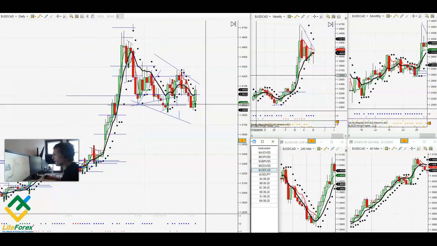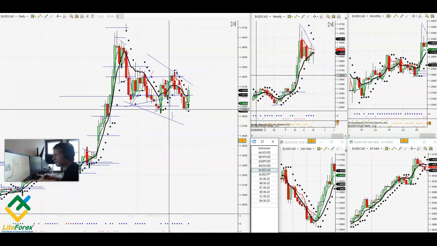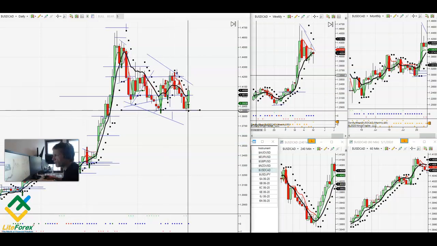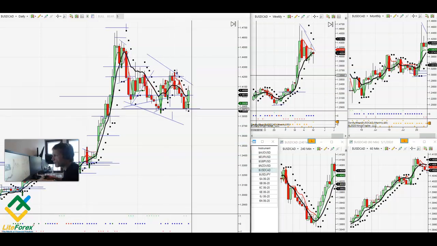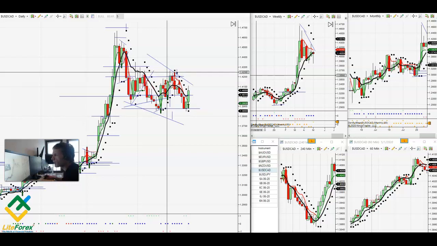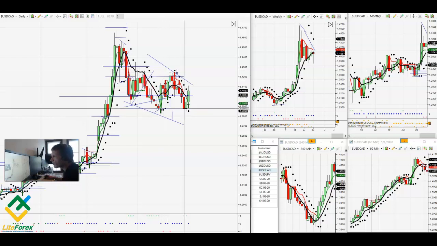Okay, the USD-CAD. Now the USD-CAD hit support yesterday. So you can see here we had support right around this price, 1.3880 or 79. Bounced off that price, came down, and actually when I was looking at this on the 29th, I was saying let's see if we can bounce, because it was holding right around that support price. Maybe it bounces.